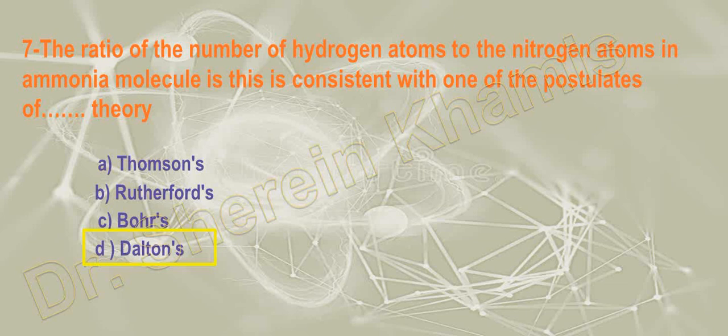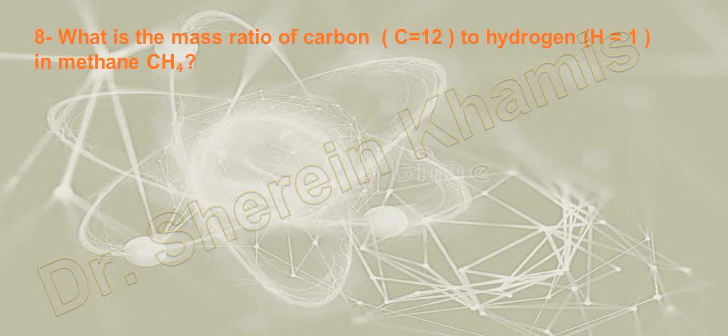Okay, let's go into more difficult questions. Question number 8 says: what is the mass ratio of carbon 12 to hydrogen H1 in methane CH4? If we want to make the mass ratio, carbon has atomic mass 12, and hydrogen has atomic mass 1.